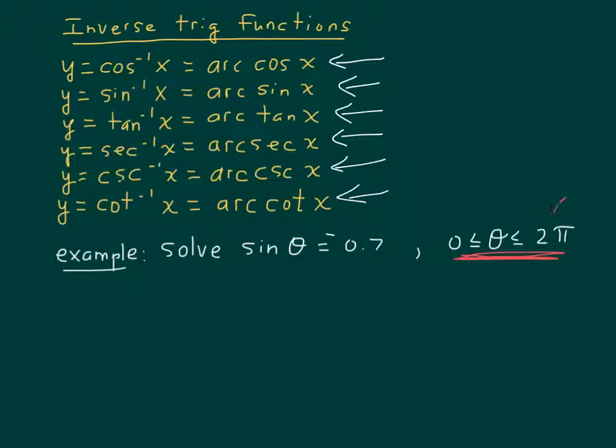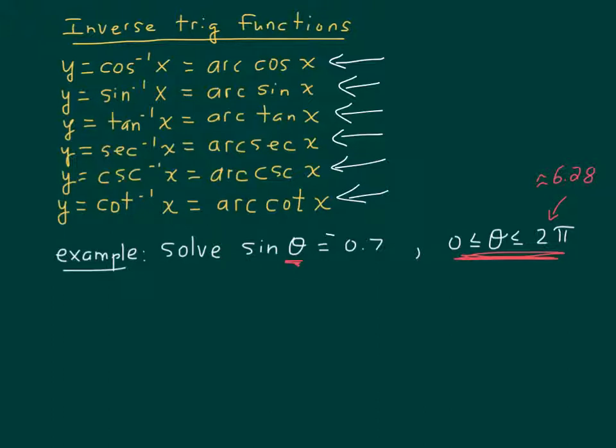Now, we're talking about radians here, and 2 pi, recall, is approximately 6.28, so you're not always going to see radians expressed in terms of pi. Since pi is about 3.14, 2 pi is about 6.28. So what we need to keep in mind is we're looking to get theta, our angle, alone.